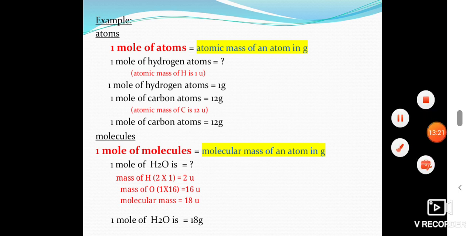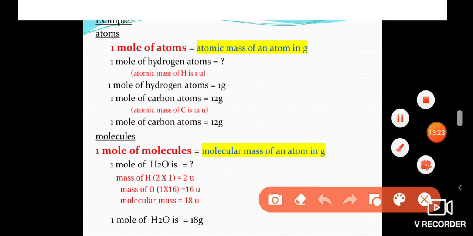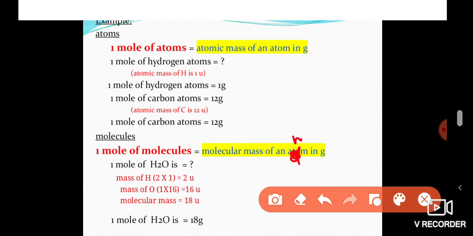Sorry students, here I mentioned an atom, which is wrong. It is the molecular mass of molecules. So instead of atom, molecules. So 1 mole of molecules is equal to the molecular mass of the molecule in grams.